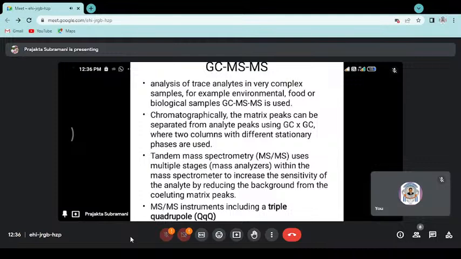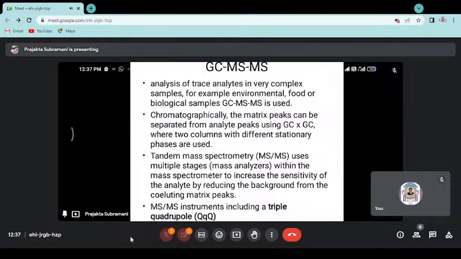Its working is similar to a quadrupole mass analyzer, but it is used three times, that is, triple Q. So the triple Q is used for detection of precursor ion, collisional ion, and product ion.